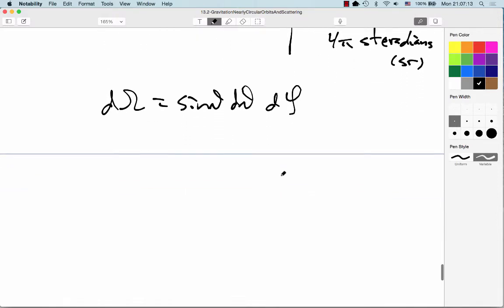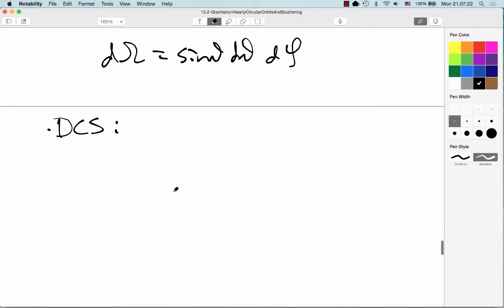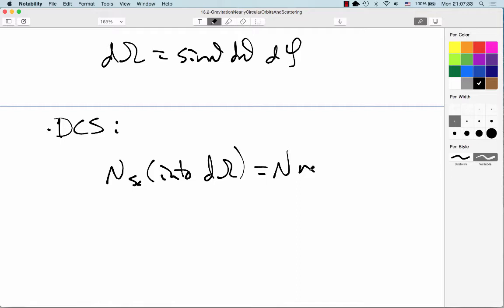Okay, so this gets us into being able to calculate our differential cross-section. So the number scattered into our solid angle element d omega will be equal to the number fired times the target density times their cross-section.